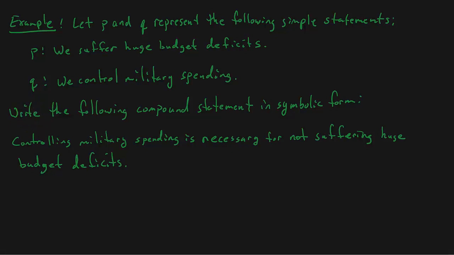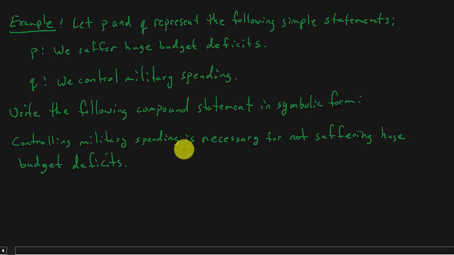Write the following compound statement in symbolic form. So, controlling military spending is necessary for not suffering huge budget deficits.